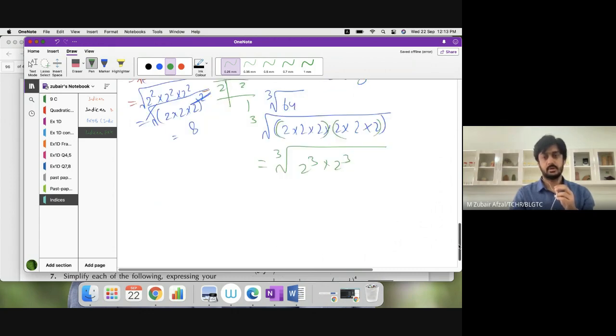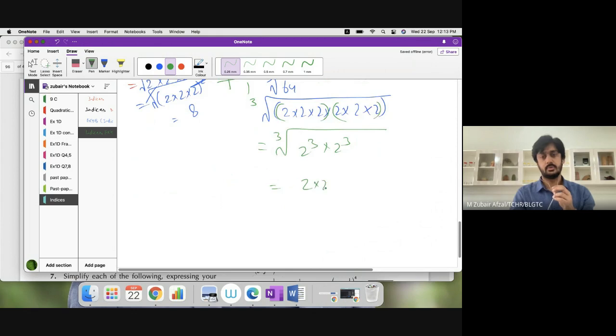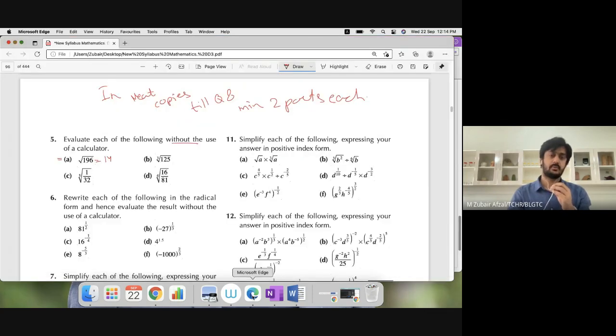We can take the power as common. So 2 into 2 whole part 3. You can cancel out this cube root with power 3 and we are left with 4. So without using calculator, if you have memorized it, you can straight away write the answer. And if you have not, you'll have to do this. For example, this is cube root of 125, that is 5.